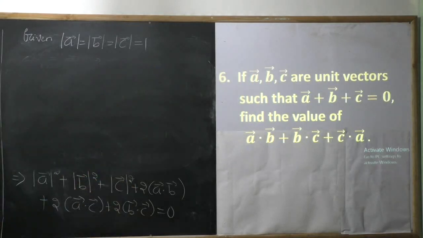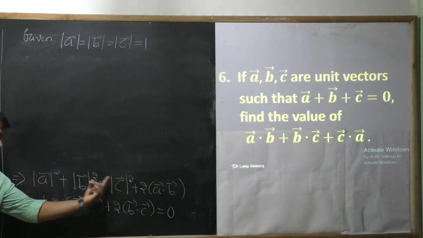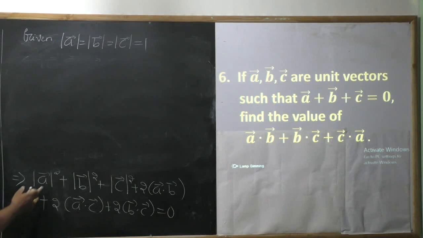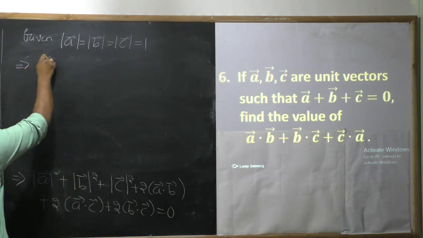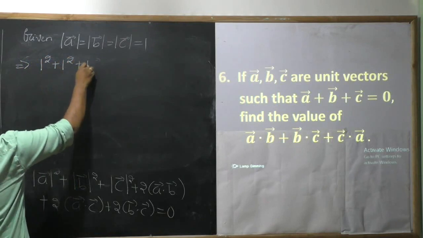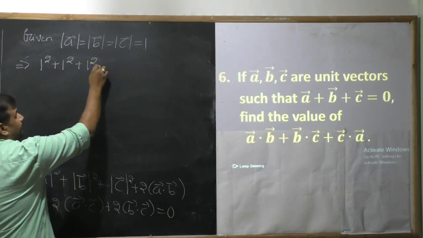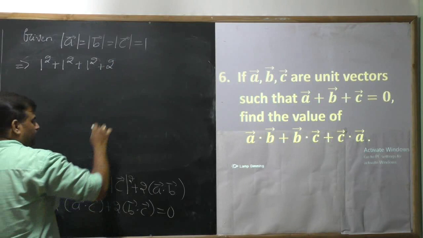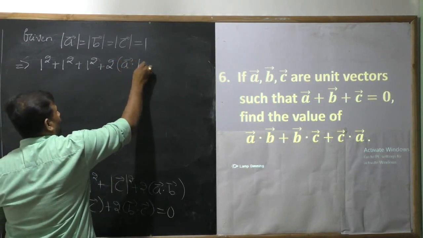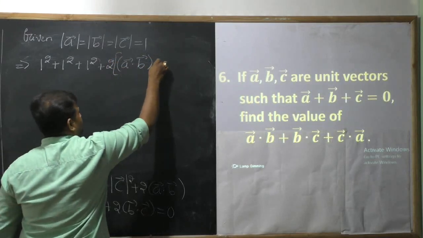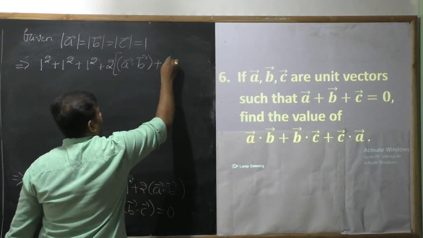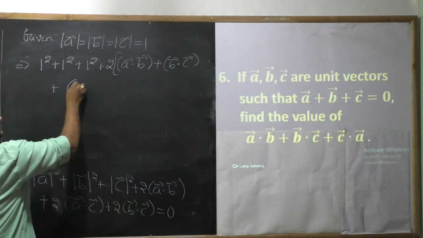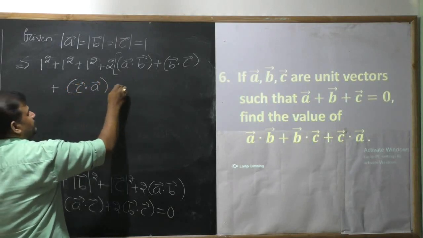Since these are unit vectors, the magnitude becomes 1, because 1 square is 1. So clearly, this implies 1 square plus 1 square plus 1 square plus, look, in each term we have 2, taking 2 outside you'll get vector A dot vector B plus vector B dot vector C plus vector C dot vector A is equal to 0.